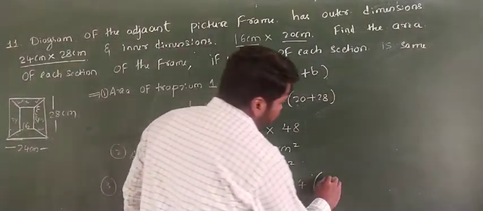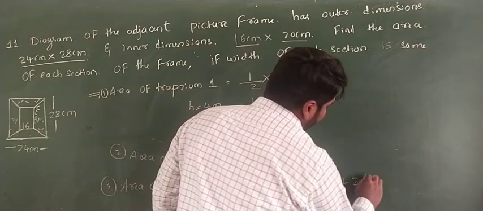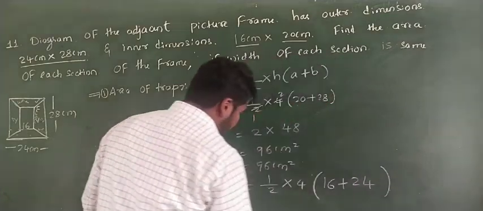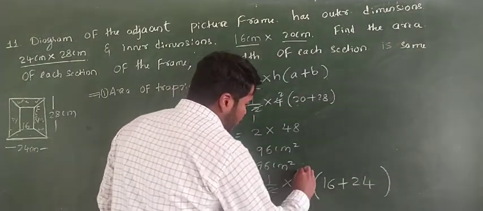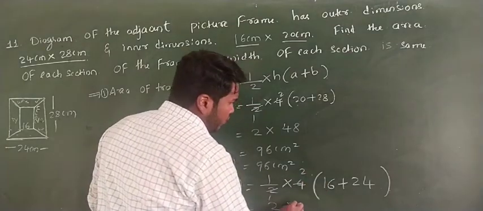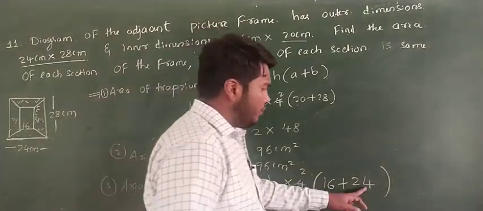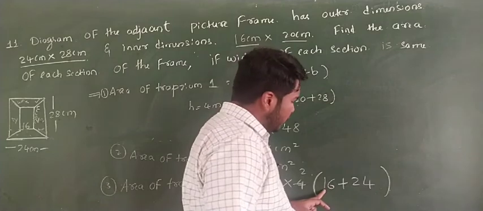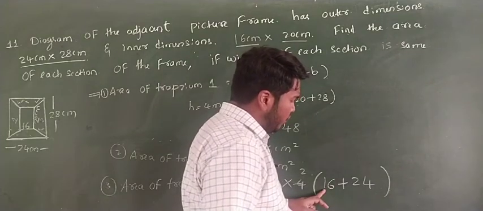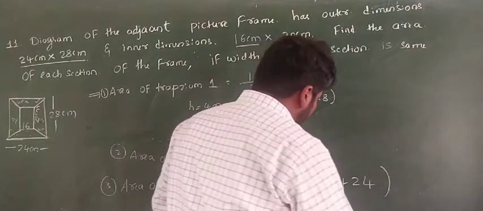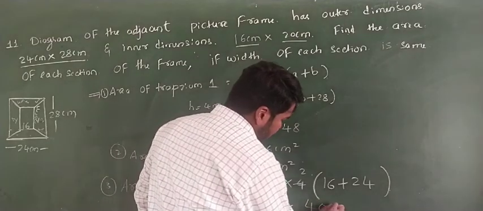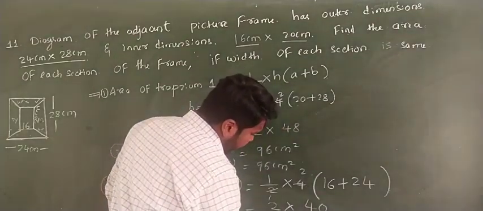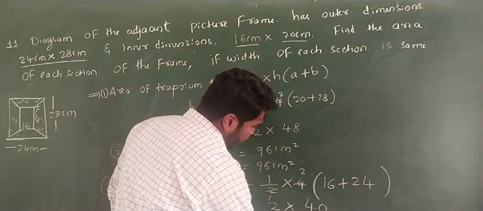So 16 plus 24, and again half of 4 is 2. So 2 into 24 plus 16, which is 40. So 2 into 40 gives 80 centimeter square.